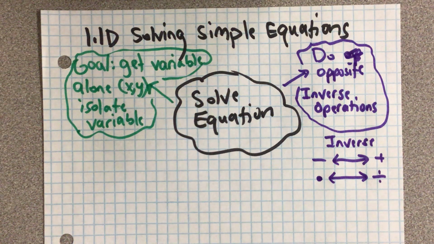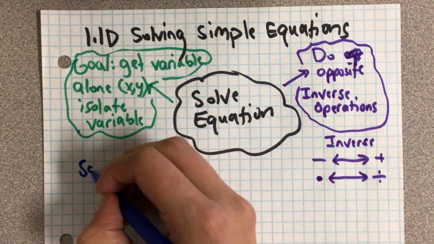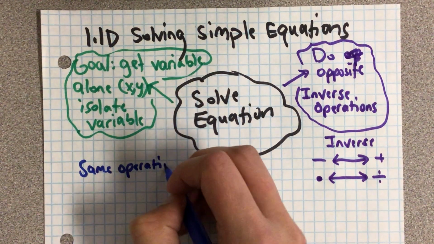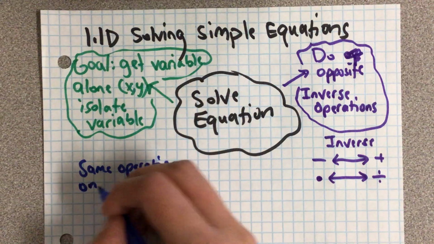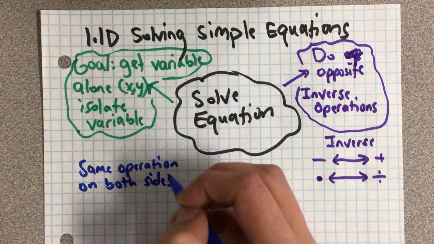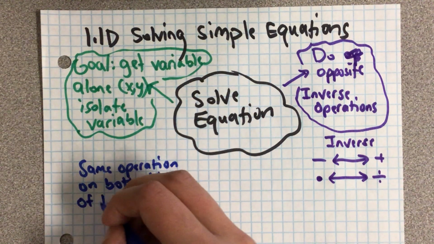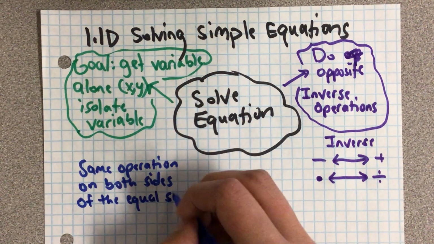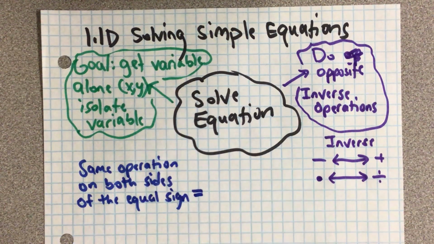Part of it is that we have to do the same operation on both sides of the equal sign.